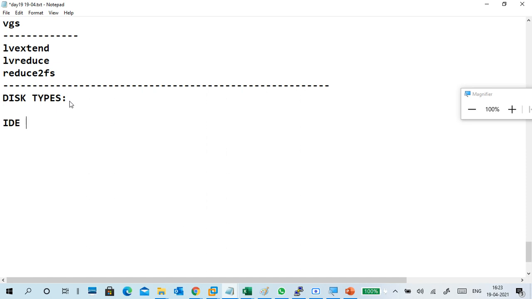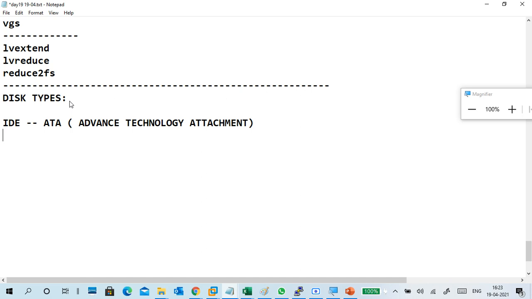So IDE disks were there earlier. They used IDE technology. IDE disks further developed into ATA. What is ATA? Advanced Technology Attachment.